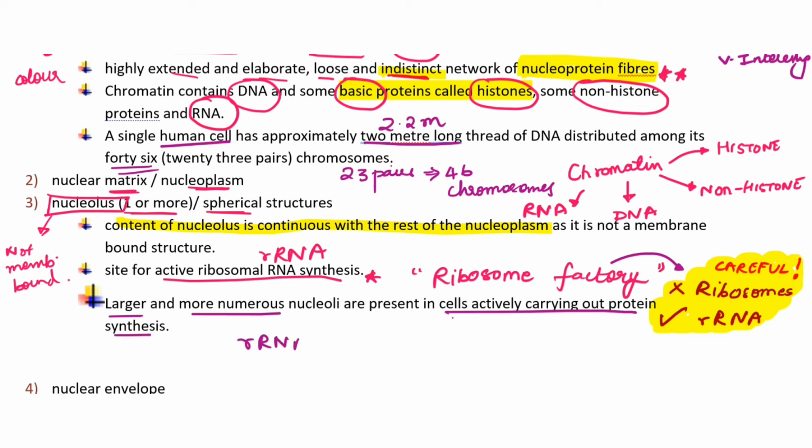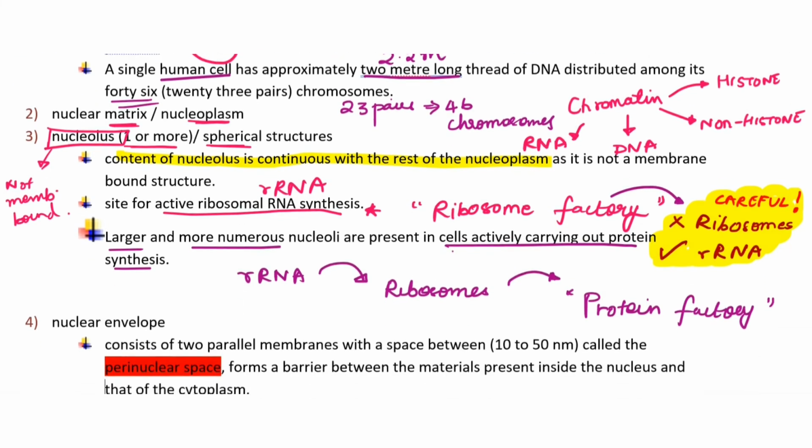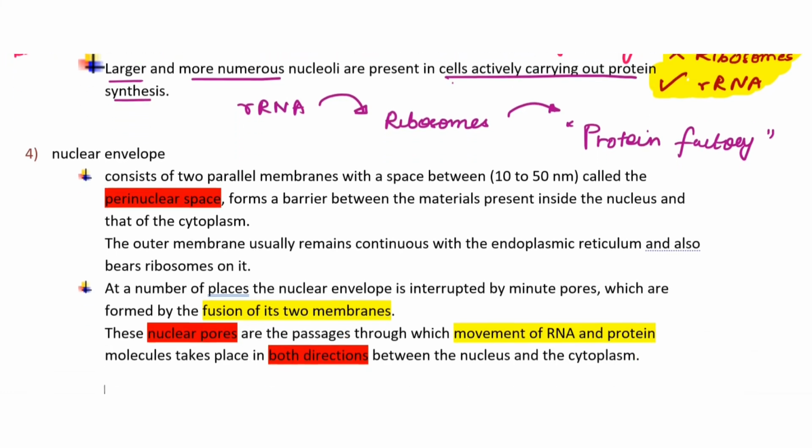They get associated, and ribosomes I told you is known as the protein factory. So don't get confused between what is known as the protein factory and what is known as the ribosomal factory. Nucleolus is more abundantly present in cells which are actively taking part in protein synthesis. That is also an important point to remember.